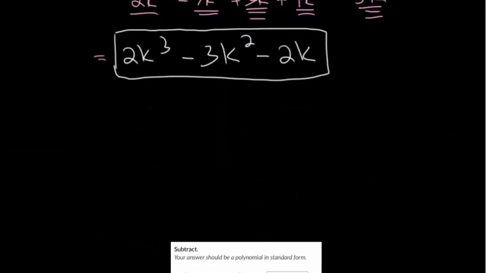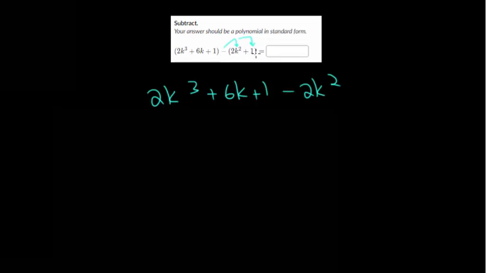So let's do a few more examples. And just like the last one, we just need to remember we're going to distribute this negative sign. So you have 2k cubed plus 6k plus 1 minus 2k squared. But we're also subtracting positive 1, so minus 1.